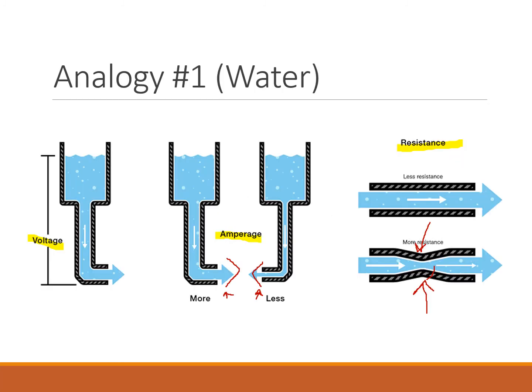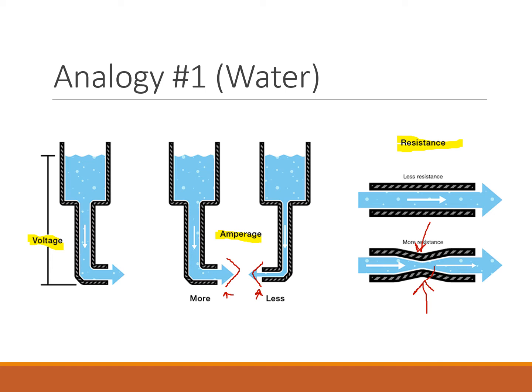Okay, so here we have a bit of an analogy with water. So we have our three different measurements: resistance, current or amperage, and voltage. I'm going to start on the right-hand side because it's just a bit simpler to talk about. We have one of our factors that determine resistance here, and that factor is radius of the conductor.